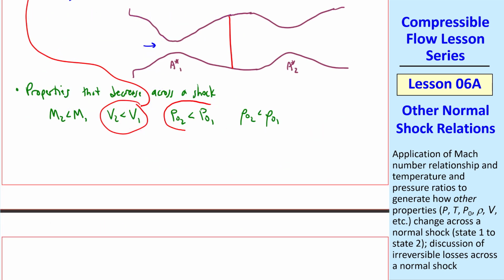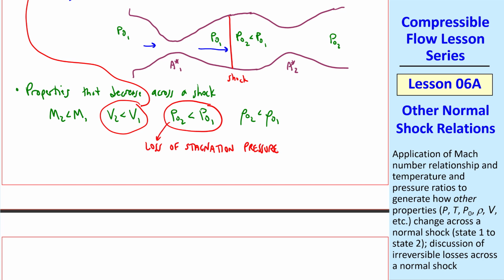I want to briefly mention this loss of stagnation pressure. We have p01 in the upstream tank in this duct, and that remains all the way up to the shock, since the flow from here to here is approximated as isentropic. But p0 drops significantly across the shock, and from here on, p0 is p02. Thus we have a loss of stagnation pressure, which is what drives the flow.